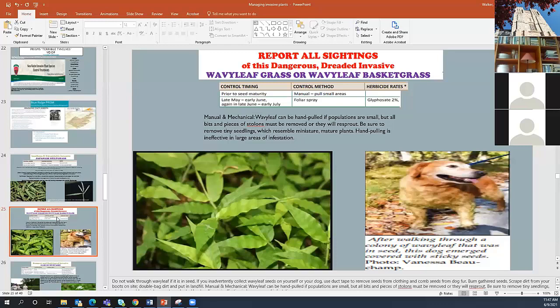Why are nurseries allowed to sell invasives? It's a very good question, one that I don't think we have an answer for. Is there not a bill that they're trying to get in? I think there is, but I don't remember the name of it. Yeah, I thought I read something.